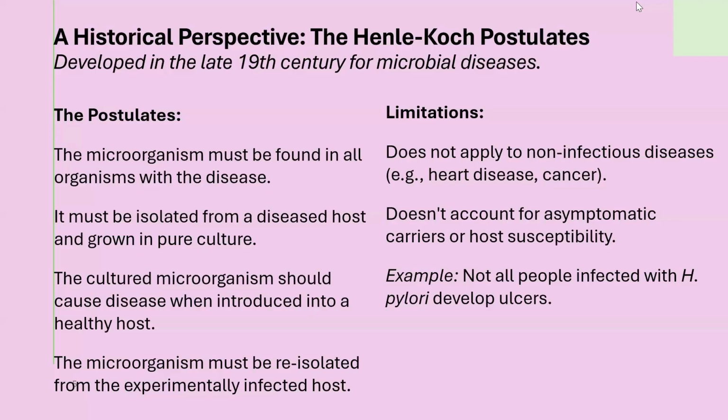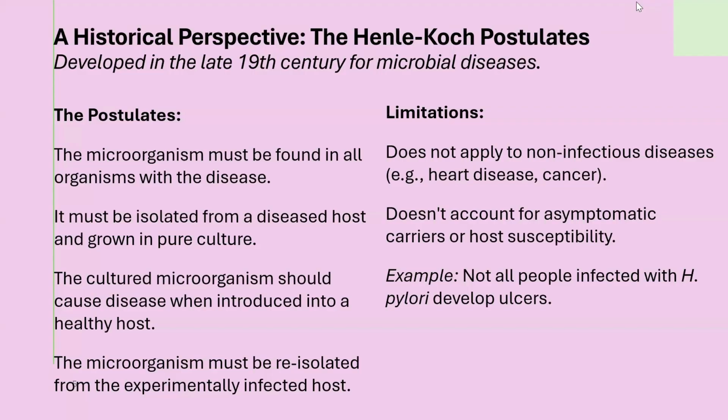Causation has been something that epidemiologists have tried to define for a long time. The first recorded attempt to characterize causation was Henle-Koch's postulates, which happened in the 19th century. This postulate has four components.